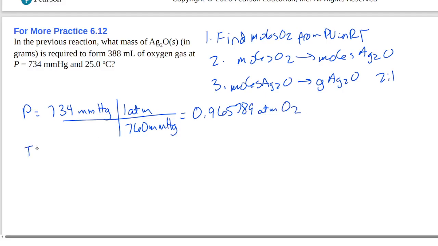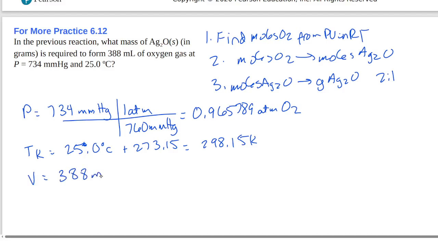Next, our temperature in Kelvin is equal to 25.0 degrees C plus 273.15, which is equal to 298.15 Kelvin, and our volume is equal to 388 milliliters. If we divide by 1,000, that's equal to 0.388 liters.